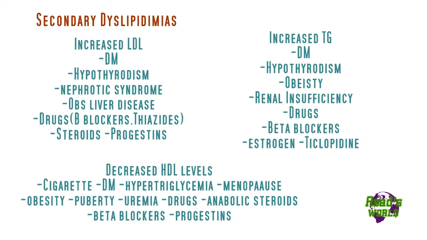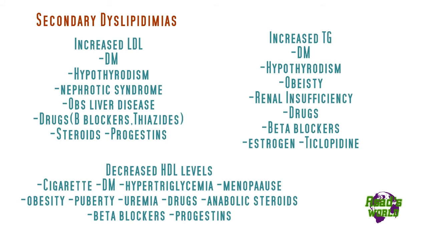So now moving forward to secondary dyslipidemias, there are several causes and several presentations. If there is increased LDL, the causes may be diabetes mellitus, hypothyroidism, nephrotic syndrome, obstructive liver disease, and drugs such as beta blockers, thiazides, steroids and progestins.